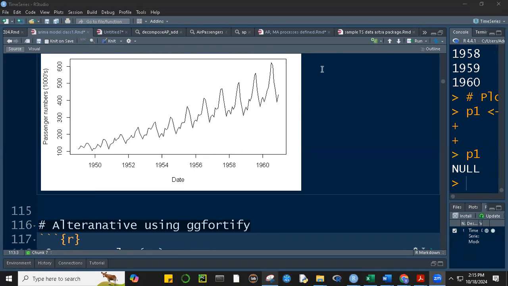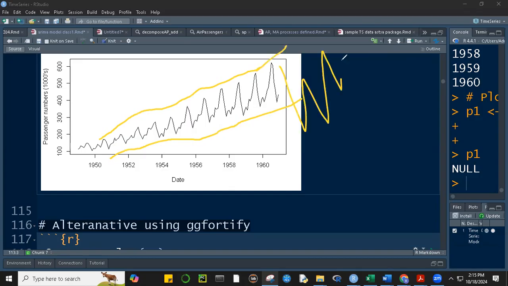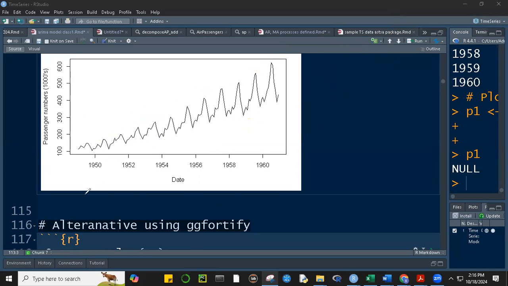If I draw a line here, class, it looks like it fans out. The ups and downs increase over time. So this is non-constant variance.